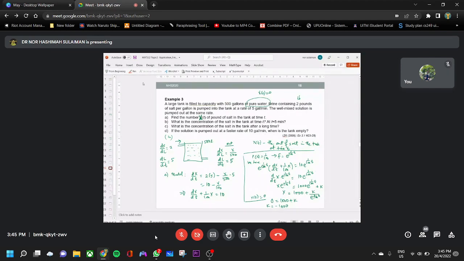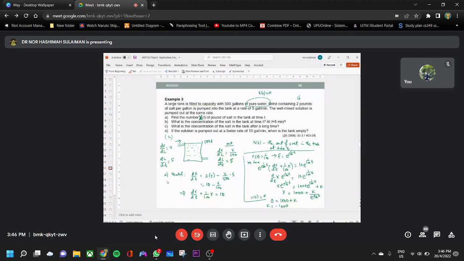Okay, so that's how we go about solving this type of problem when the rate is changing. Maknanya case yang pertama tu rate dia sama, case yang kedua rate dia lebih besar yang masuk, yang keluar tu lebih rendah, so dia akan bertambah amount of solution in the tank.